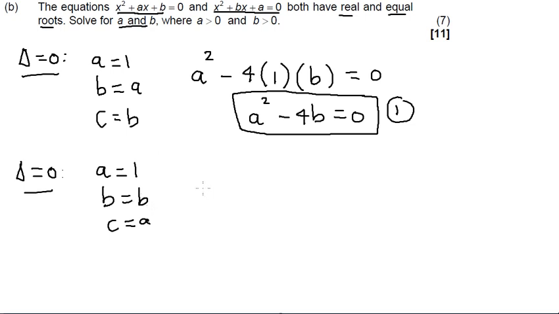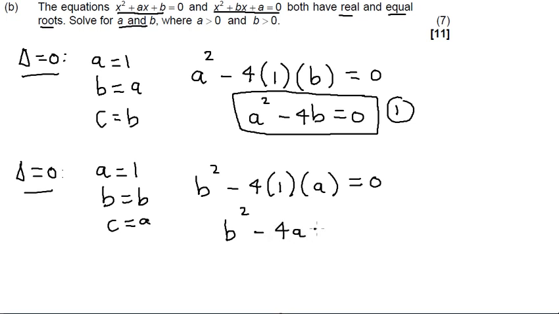And so my discriminant becomes b squared minus 4 into a into a, which is also equal to 0. So this becomes b squared minus 4a is equal to 0, and this will become equation number 2.